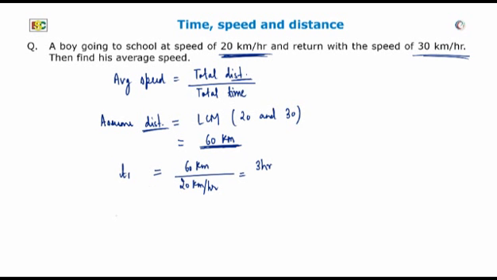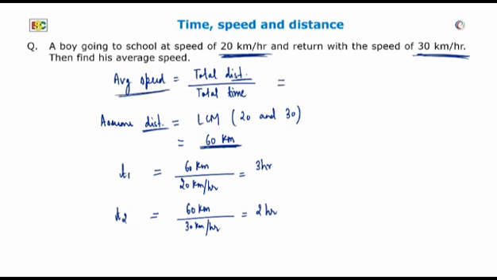After that, let T2 be the time taken when the boy is coming back home from the school, and this will be equal to 60 km upon 30 km per hour, that is 2 hours. Now we have to find the average speed.